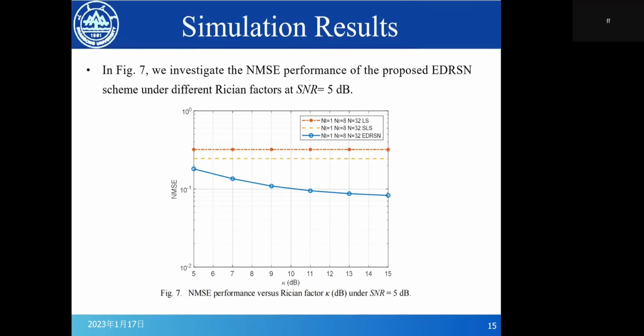However, the proposed scheme still outperforms the LS and SLS schemes, and its estimation accuracy becomes better as kappa increases. Therefore, when the channel conditions change, the proposed EDRSN scheme can still estimate the channel matrix with high accuracy.